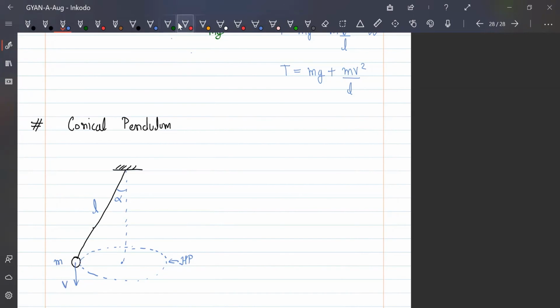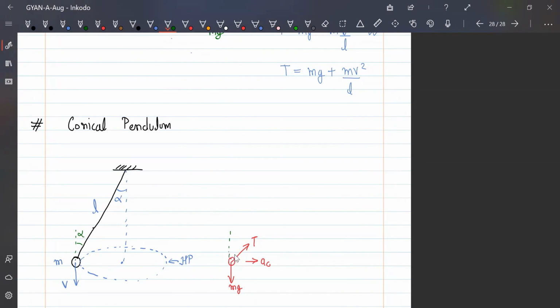So I'll draw the FBD. You have a tension force, have mg in the downward direction, and speed is of course perpendicular. So centripetal acceleration किधर लगेगा? Circle के center की तरफ. Centripetal acceleration is towards the center, and net force along that direction is responsible for the circular motion. Okay, so this angle was alpha.